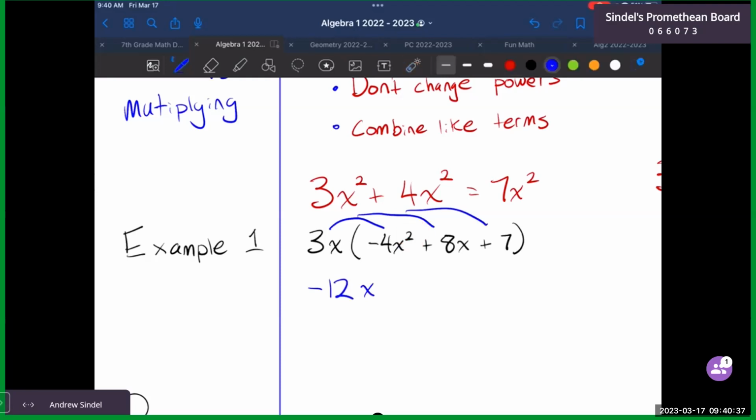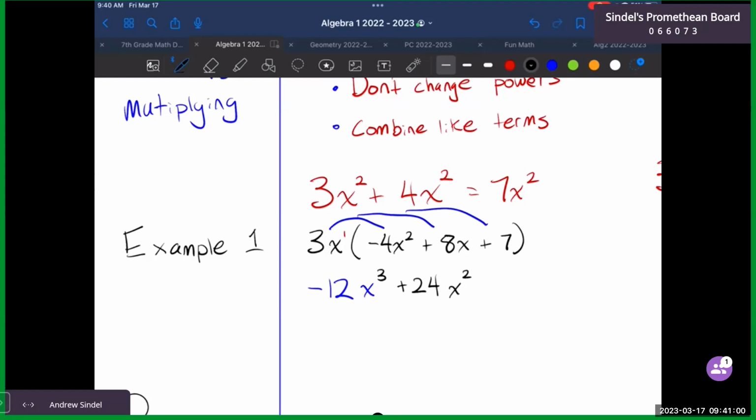Plus, what's 3 times 8? 24. Is it positive or negative 24? Positive. Positive 24. Let's hear X to the power of Julian. 2. Sorry. X to the power of 2. Julian, can you explain why we got x to the power of 2? Yeah, so I add 1 plus nothing and I get 1.